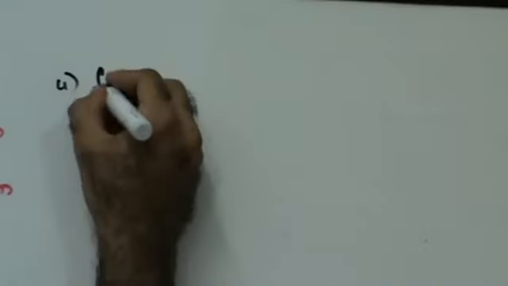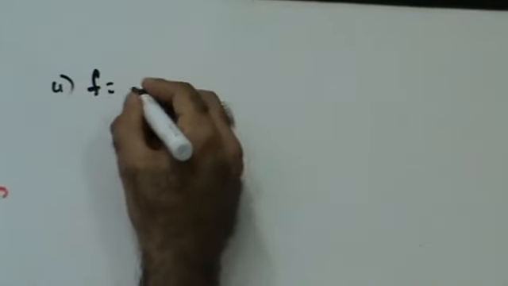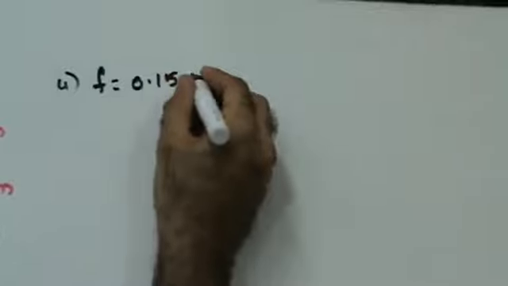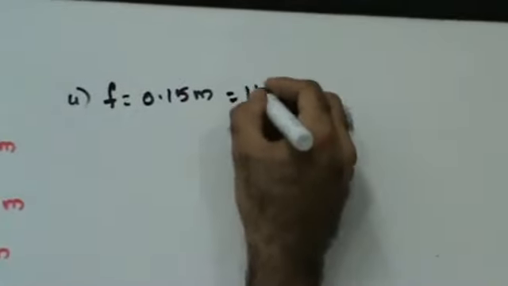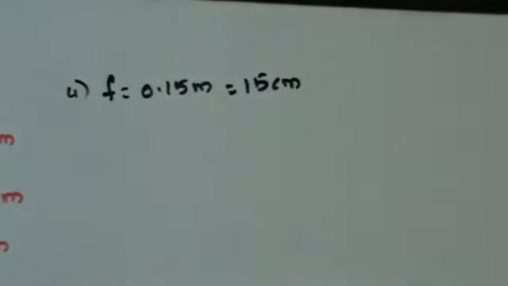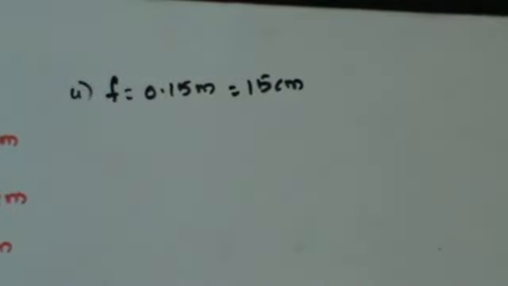A convex lens has a focal length of 0.15 meter.